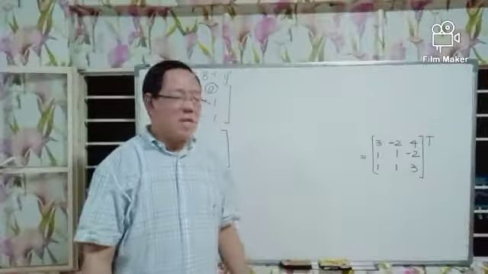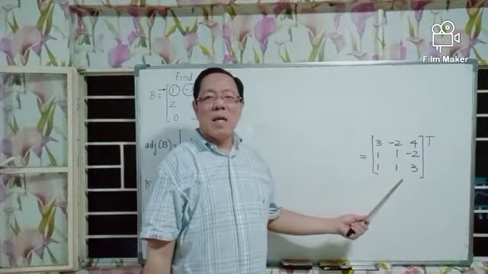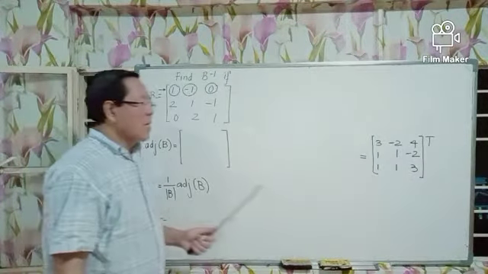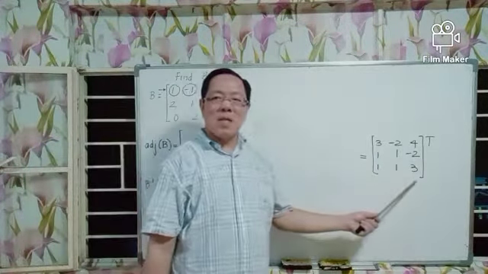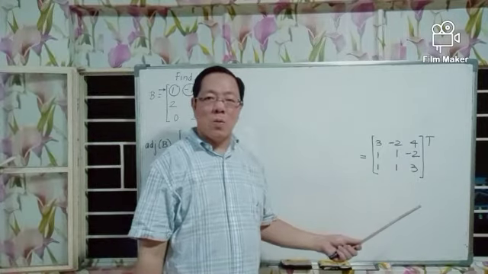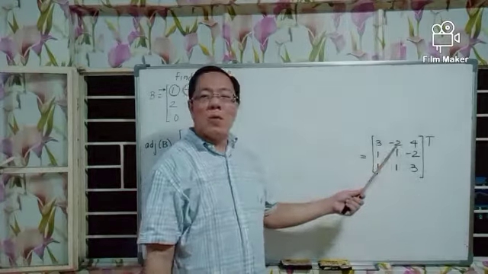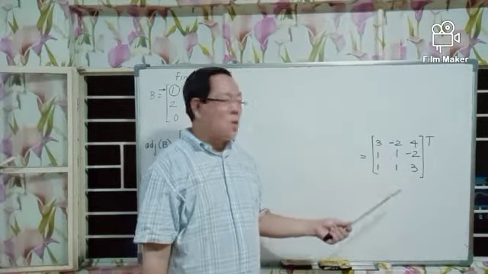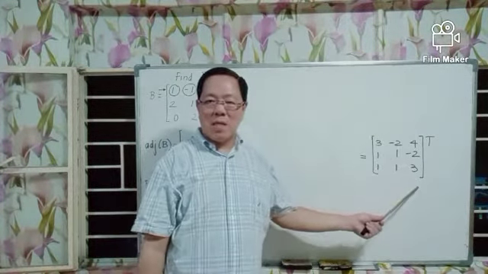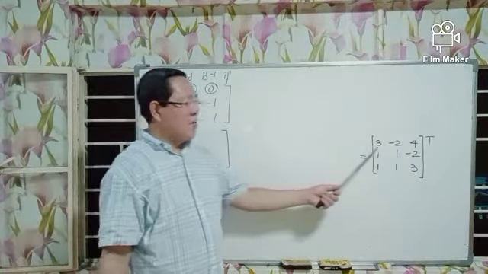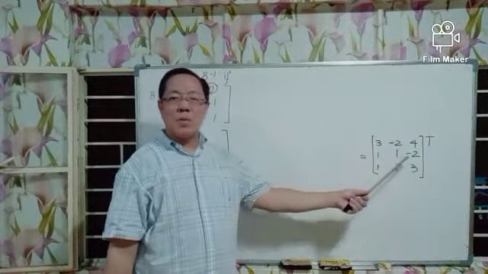We now find the transpose of this matrix and the result is the adjoint of matrix B. To get the transpose, we write the rows as columns. The first row with entries 3, negative 2, 4 will become the entries in the first column of the transpose. So the entries of the first column are 3, negative 2, 4.